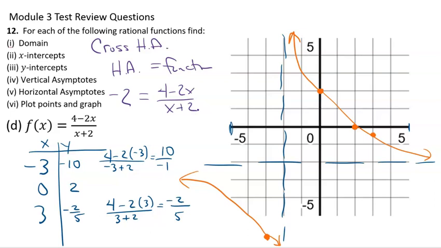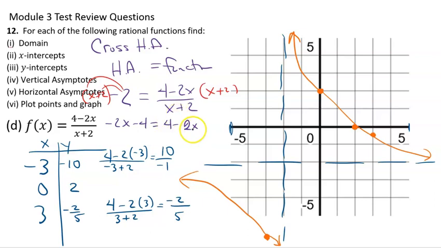To solve it, I multiply both sides by x plus 2. I distribute over here, so that results in -2x minus 4 on the left and 4 minus 2x on the right.